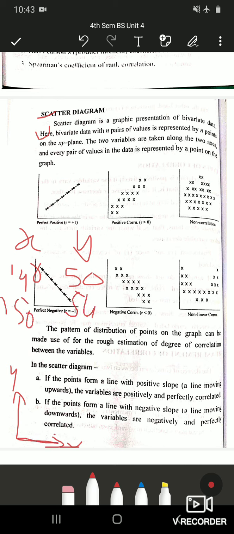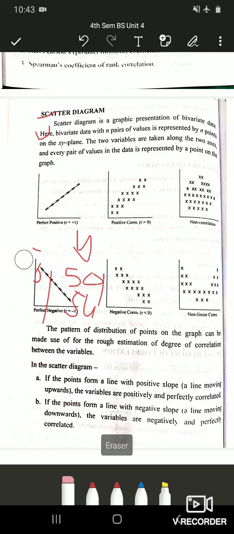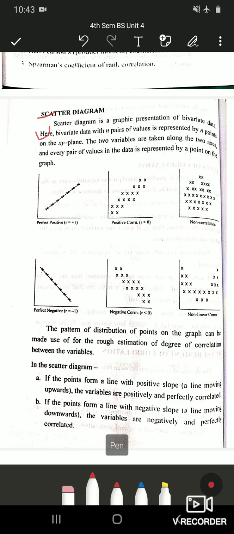So you have to take the x scale with this range, 140, 150, 160 and so on, and in the y axis you have to take kgs, wherein 10, 20, 30, 40 and so on. When x is 140, see where y lies and mark a point. So this is how you draw a scatter diagram.